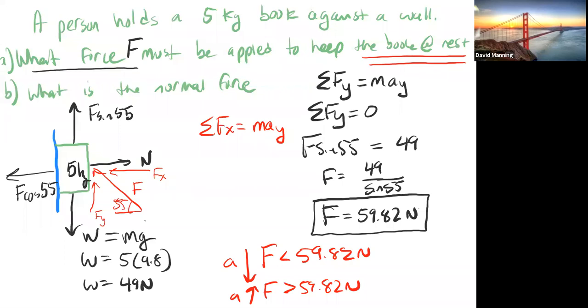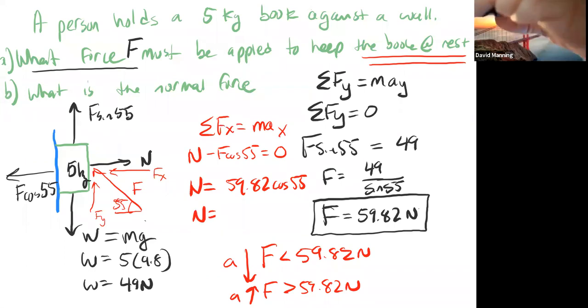This is Ax, by the way. I screwed that up. So in the X direction, we have a positive N, right? It's going to the right, minus F cosine 55 equals 0. Again, there's no acceleration in the X, it's at rest. So N equals 59.82 cosine of 55, which is 34.31 newtons.